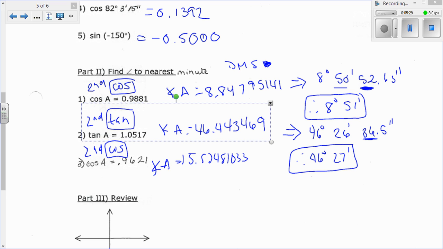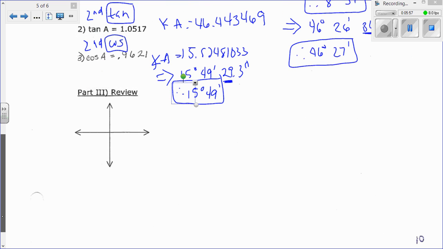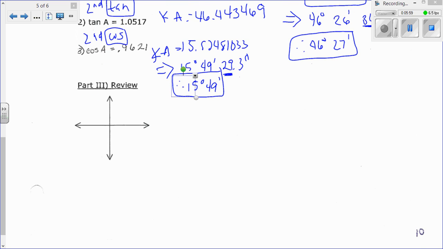When I put this into degrees, minutes, and seconds, I'd get 15 degrees, 49 minutes, 29.3 seconds. 29 is less than 30, therefore I stay at 49 minutes. So it'd be 15 degrees, 49 minutes for my final answer. Again, all calculator work, I will show you how to input it on the calculator in class.